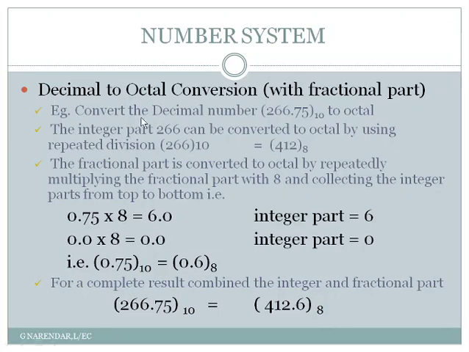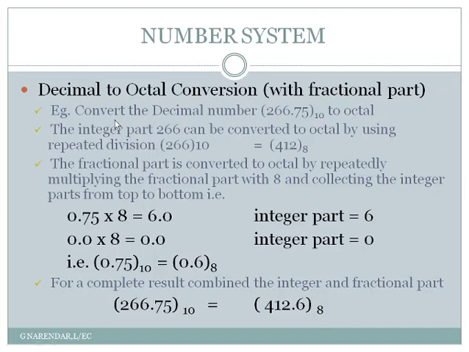The first example: convert the decimal number 266.75 to octal. Whenever a decimal number has a fractional part, if you want to convert it to another number system, the procedure remains the same. Convert the integer part separately, convert the fractional part separately, and combine both to get the final result.